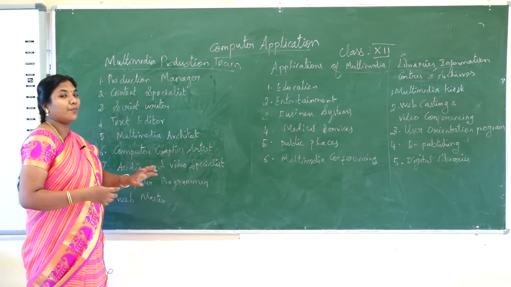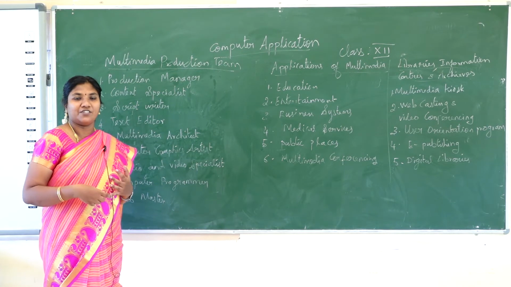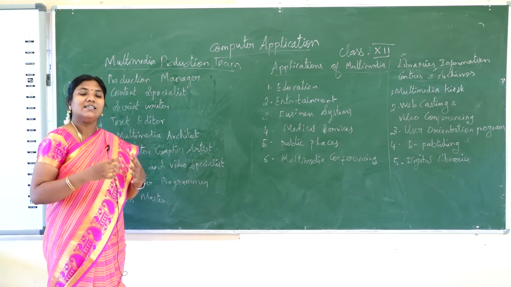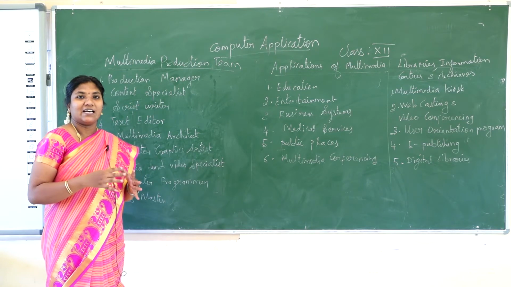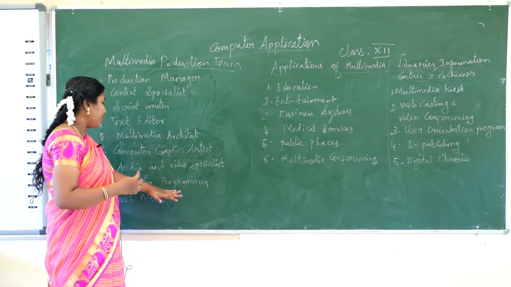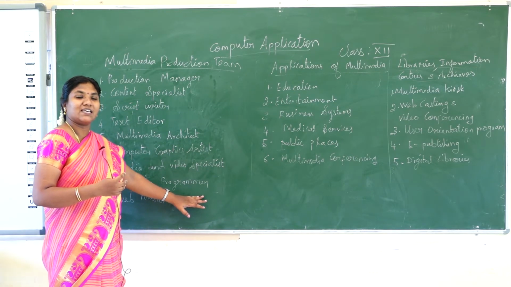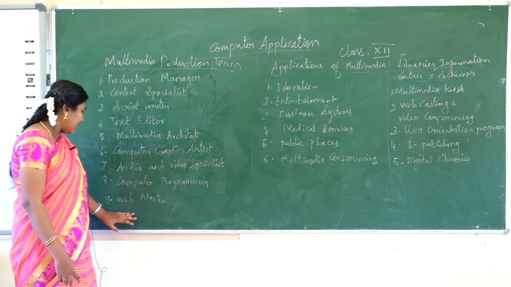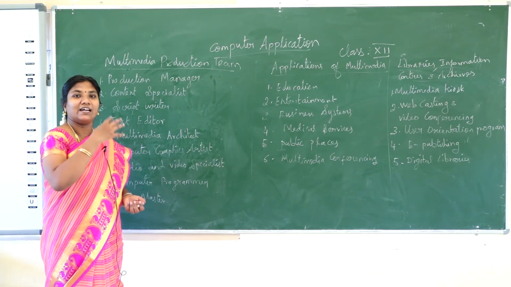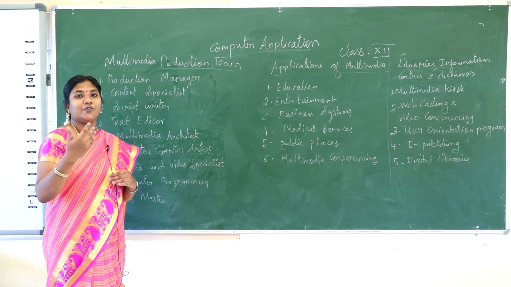Next comes the computer programmer. As you are writing programs in HTML, PHP, PageMaker, and so on, similarly for a particular task, the programmer decides what software and hardware are needed, and he does the programming. The last one is the webmaster. He finally collects all the simple tasks, makes the entire project, and gives it to the internet.